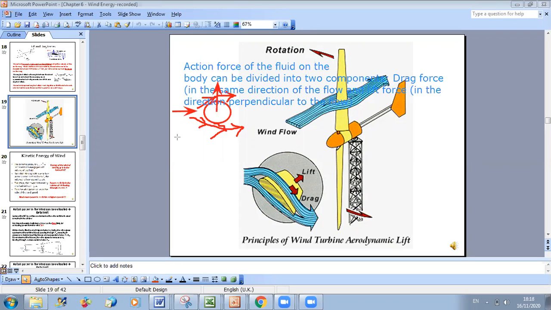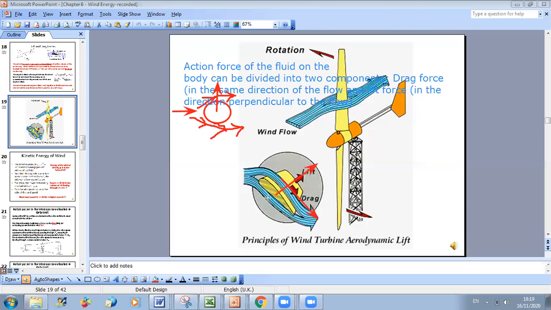For the airfoil, with a certain angle of attack, you will not have symmetry anymore, and this will cause lift and drag. The drag is in the direction of the flow, and the lift is perpendicular to the flow.